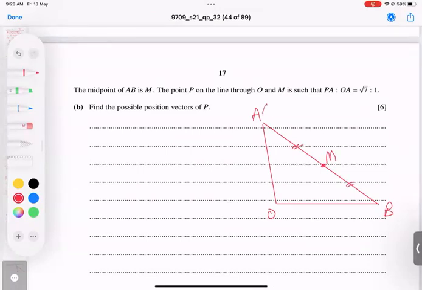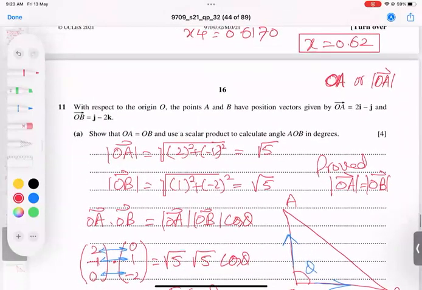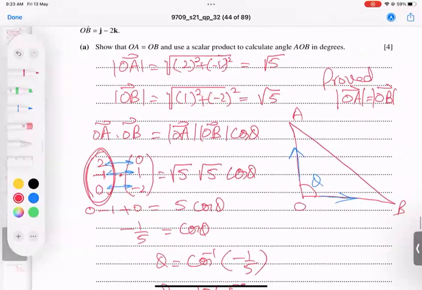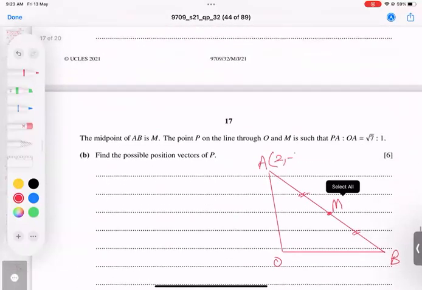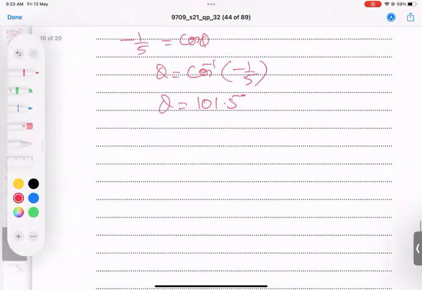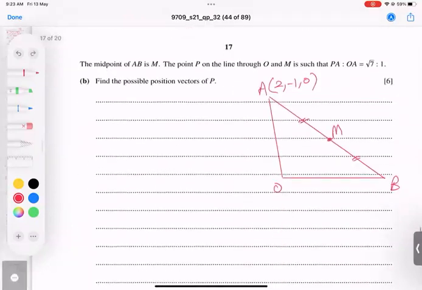You know the coordinates of A: 2, -1, 0. And the B coordinate is 0, 1, -2. Then what is M? Because M is a midpoint, the M coordinate is like an average.